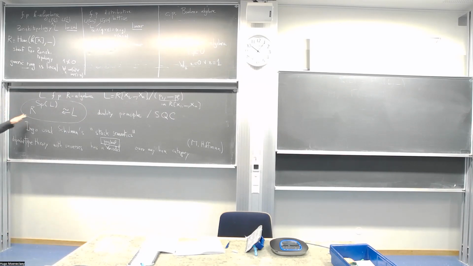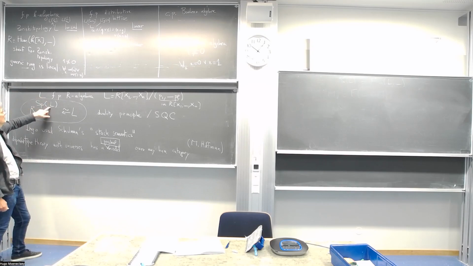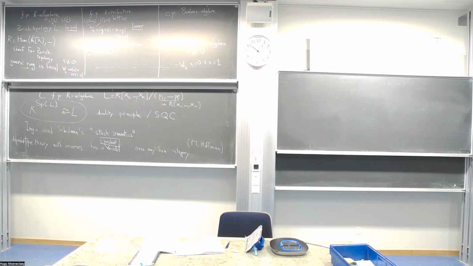So I want to say, to check this is not easy, since this is a statement where you quantify over all L's that are finitely presented algebras. So what's the intuition? The intuition is that L is given when you do this quantification.